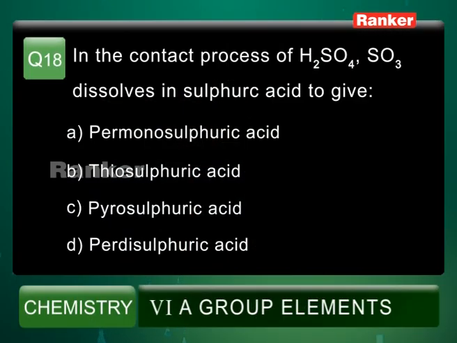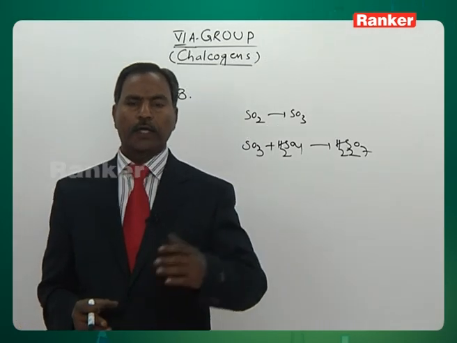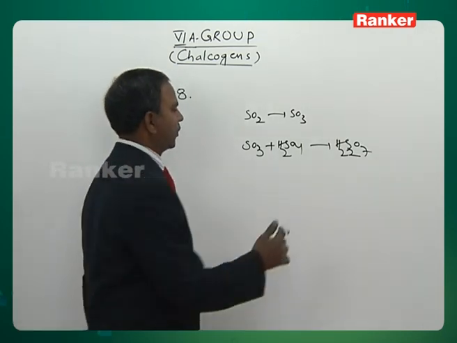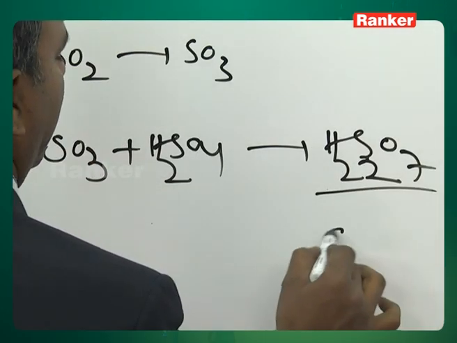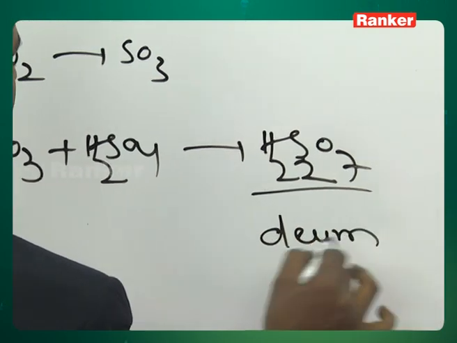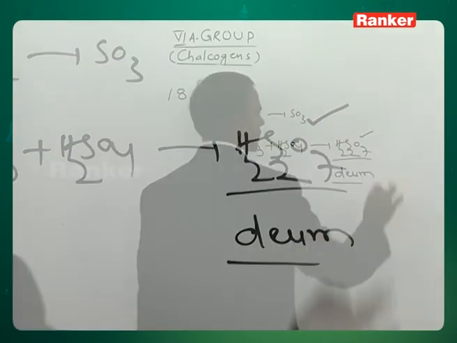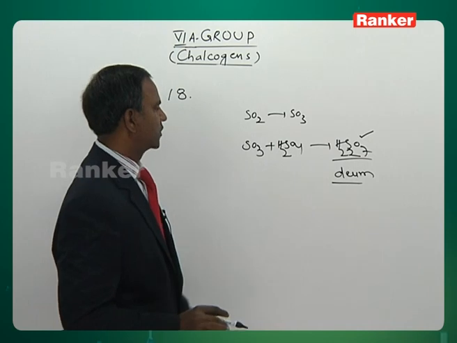The options given are A. Permonosulfuric acid, B. Thiosulfuric acid, C. Pyrosulfuric acid, D. Paradisulfuric acid. H2S2O7 is pyrosulfuric acid. We can call it oleum, or pyrosulfuric acid.